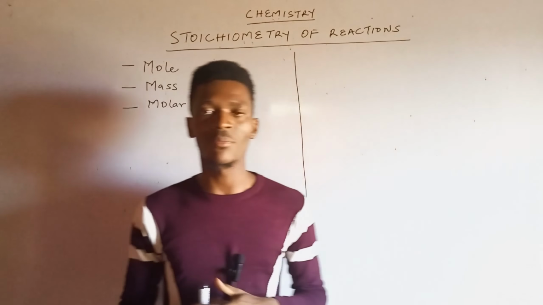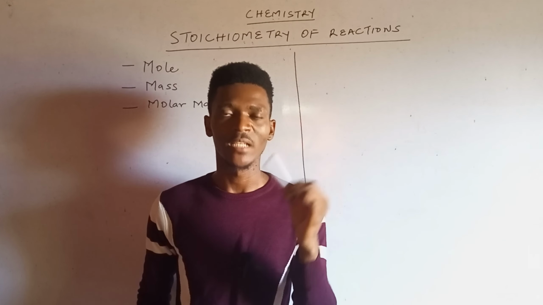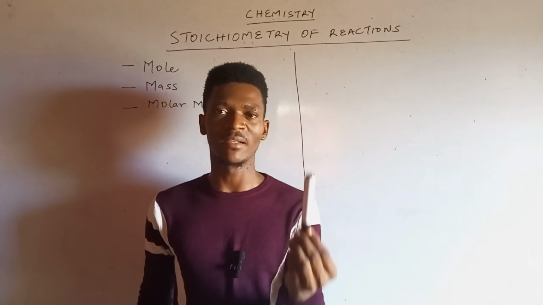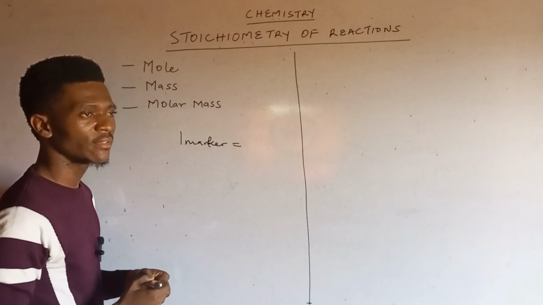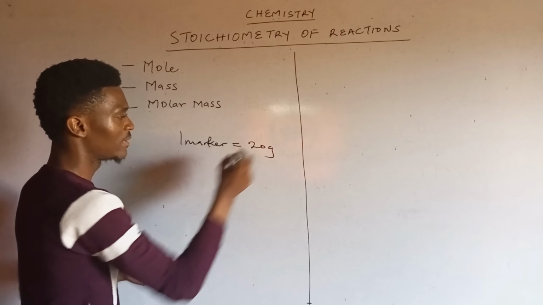Take for example, this is a marker, just one marker. Now, if we place this marker in a triple beam balance or another weighing machine, we can get the mass of this marker. The mass when weighed in a beam balance can be, let's say, 20 grams.